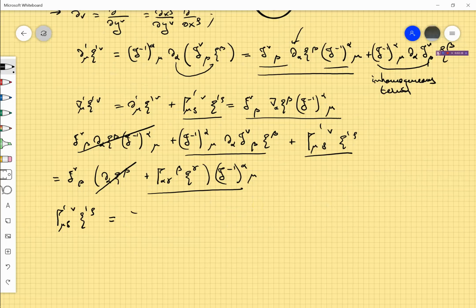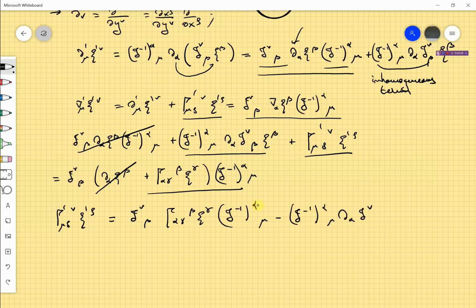This transformation has to be, gamma prime psi prime rho has to be alpha gamma beta psi gamma j minus 1 alpha mu minus j minus 1 alpha mu partial alpha j nu beta psi beta.